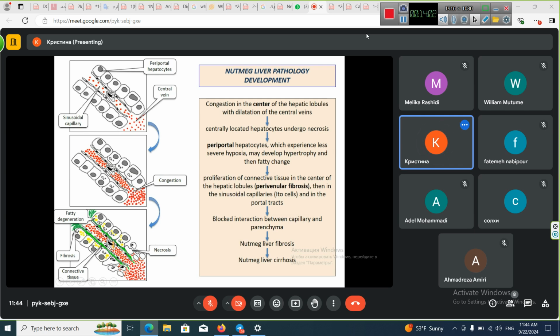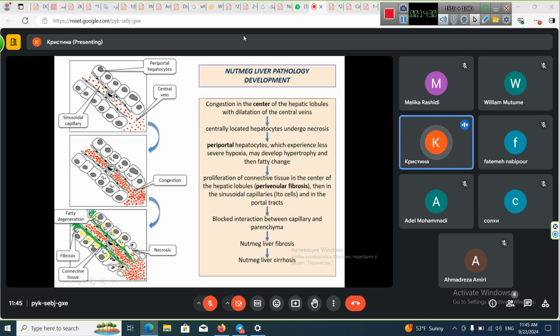It means that these centrally located hepatocytes will experience more severe hypoxia and start to die. Those which are periportal hepatocytes, they develop hypertrophy. Hypertrophy means increase in size, and then fatty change. You see it in the next picture.